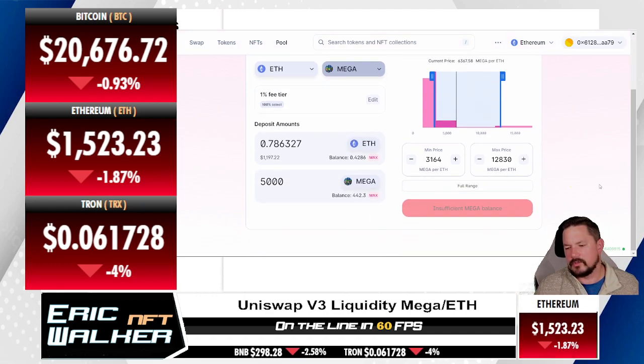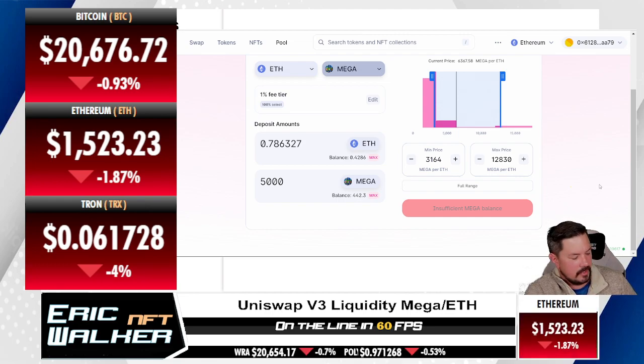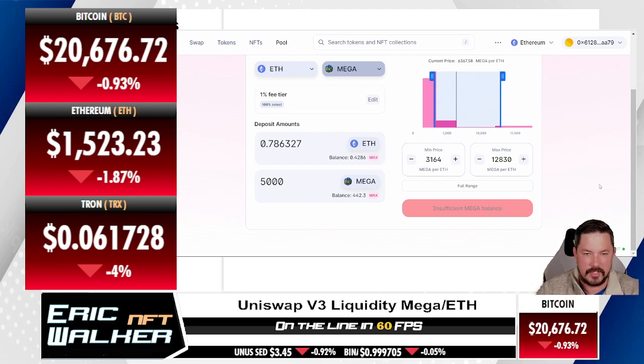But one of the big points that I have is about everybody complaining about liquidity. If you're complaining about it, then just provide it. Very simple. If you feel there's not enough liquidity in there, go ahead, stake your Mega or stake your ETH and find a strategy. One thing I do want to caution everybody about is the cost of gas to withdraw your liquidity position.